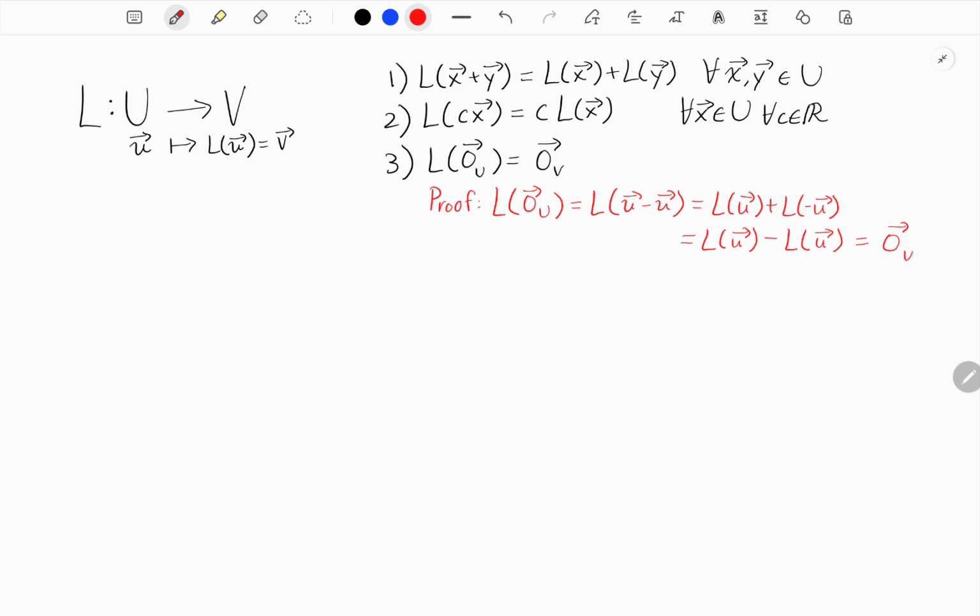Because L of u is just some, let's say, v in big V. So some little v in big V, and we have little v minus little v, that's just 0v. So here, this is due to property 1, this is due to property 2. Okay, so that's that.